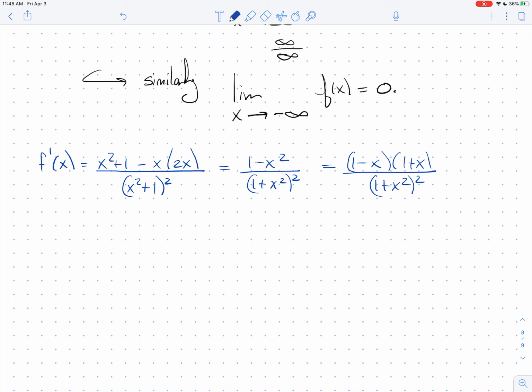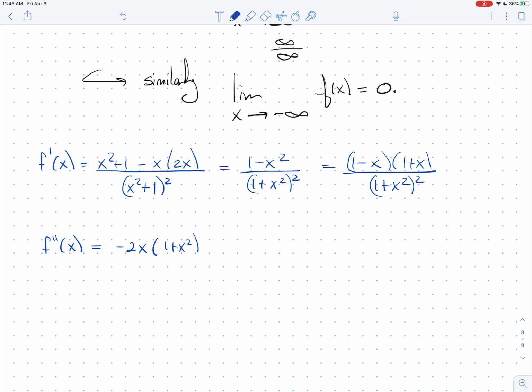Let's go ahead and compute f double prime. I would actually encourage you to compute it yourself, and you're going to get something rather interesting. I'll write out the first line. With the quotient rule, you're going to get minus 2x times the bottom. I'm working off of this version of the first derivative, by the way.